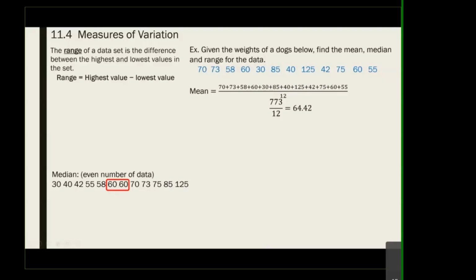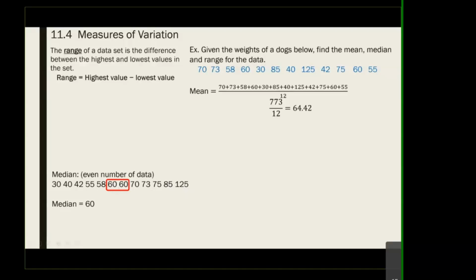You just add them up and divide by 2, you still have 60. So the median is in the same ballpark of the mean, which is 64.42, or around the same area, right? But again, that's what we're looking for, the middle number is the median here, okay?